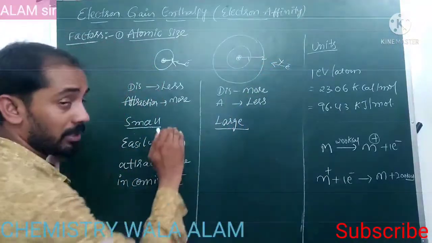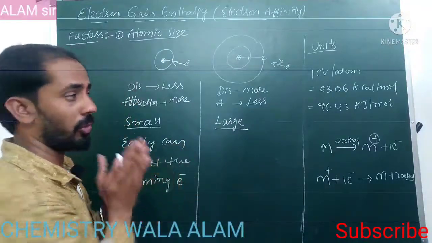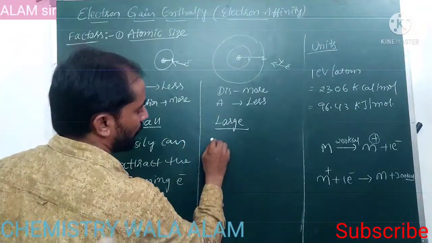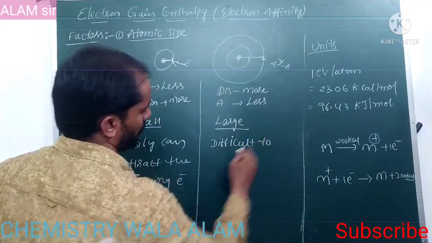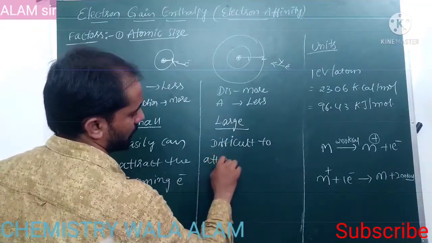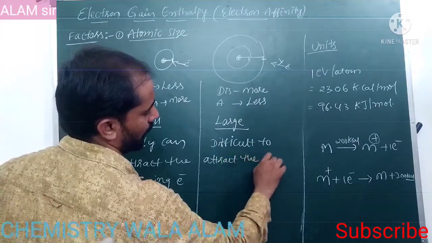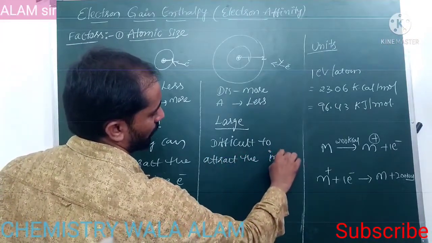That means if the atomic size is large, it is difficult to attract the incoming electron.